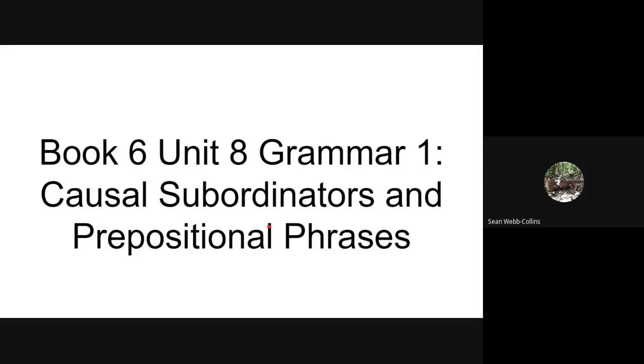We can also use them in conditional sentences, using if and unless, for example. The other most common use is in time sentences. These subordinators include after, as soon as, before, whenever, when, and until.